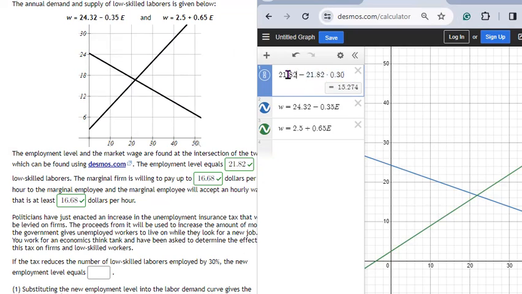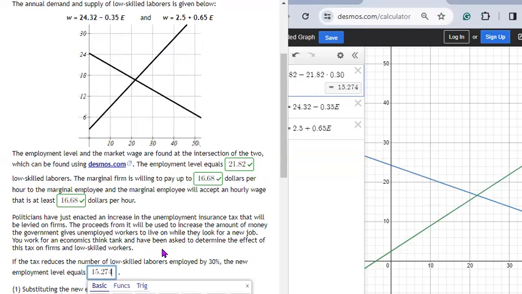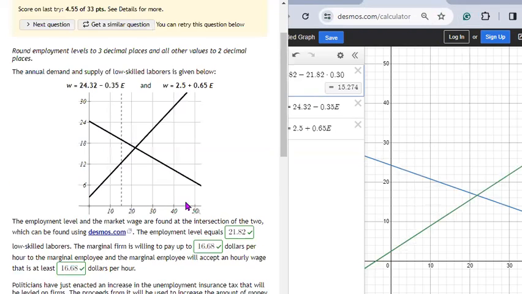When we subtract that from the initial employment level, we get the final employment level, right? Y'all see that? We get the final employment level. So let's just copy this number here. We'll copy that and place it right here. So the new employment level, which is 30% less than the initial employment level, right? The new employment level is 15.274.